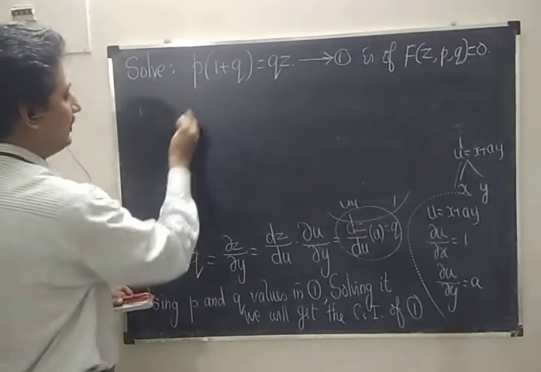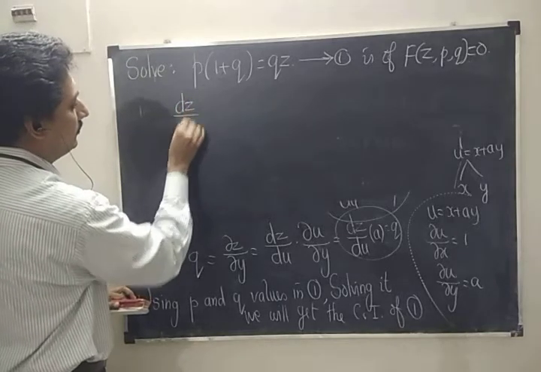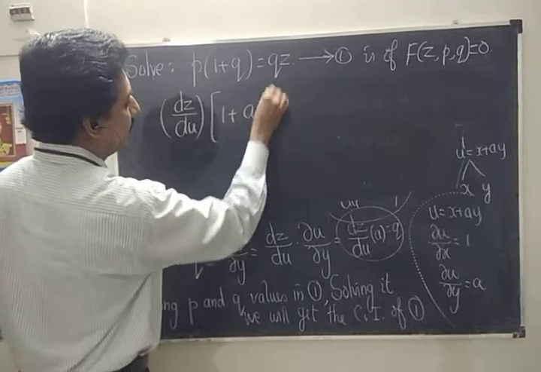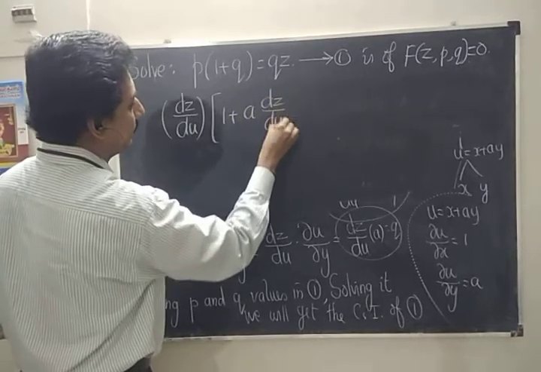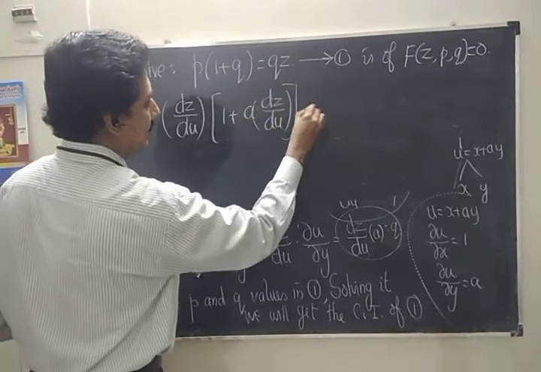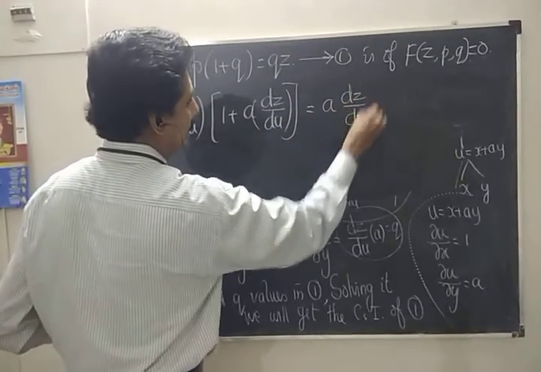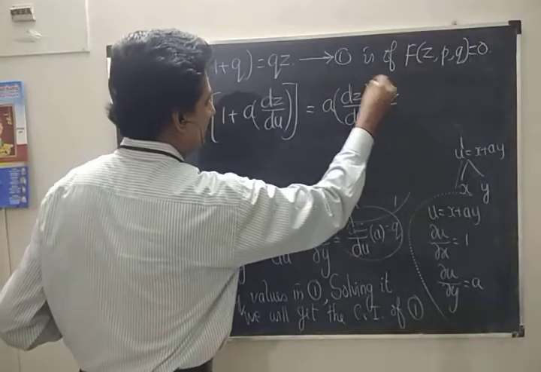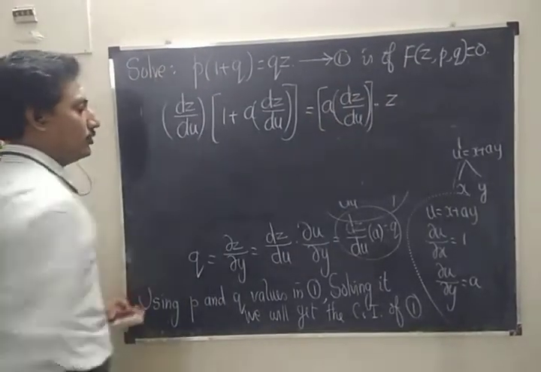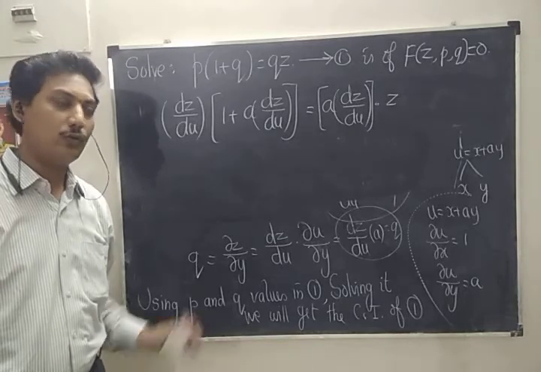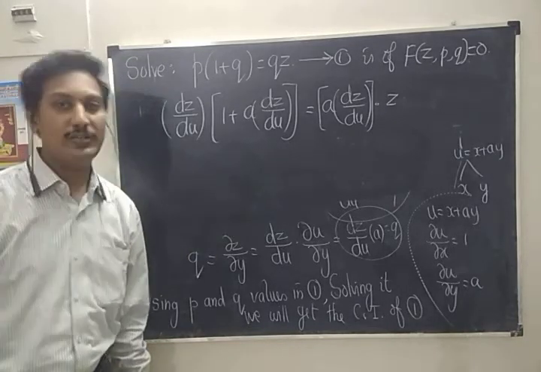I substitute p is equal to dz by du, 1 plus q is equal to a into dz by du, is equal to qz, that is a into dz by du into z. So let us replace p is equal to dz by du and q is equal to a into dz by du. So now this becomes an ordinary differential equation.